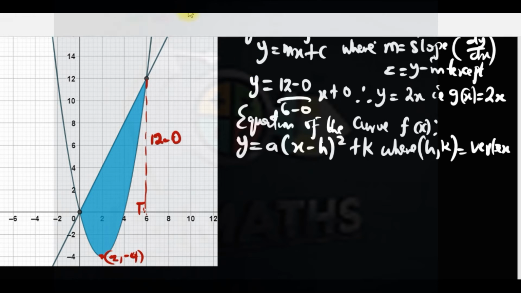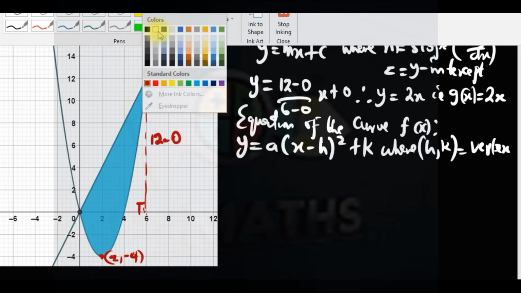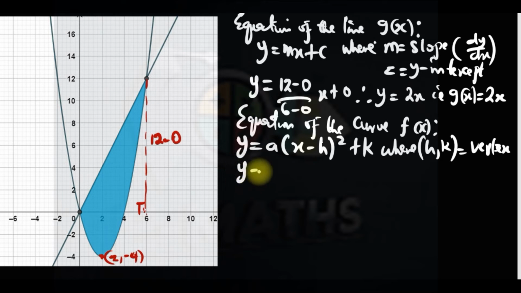So we have y equals a, where a is a constant, times x minus 2 squared, plus minus 4.